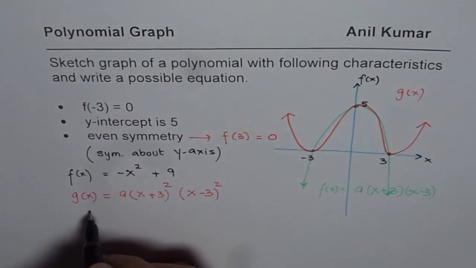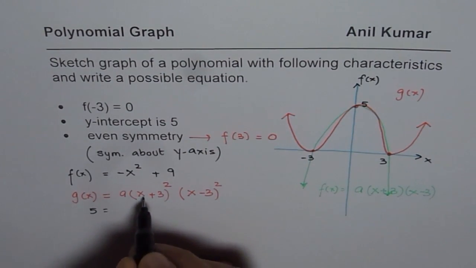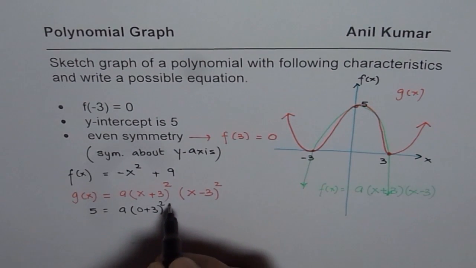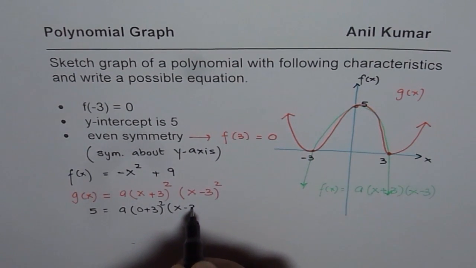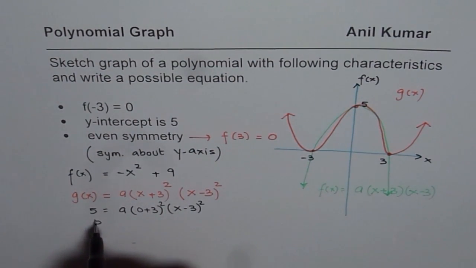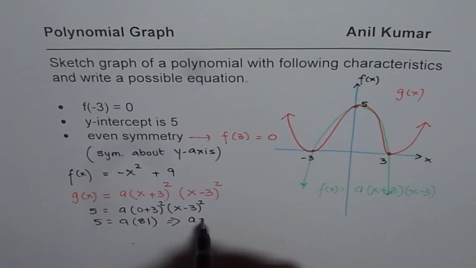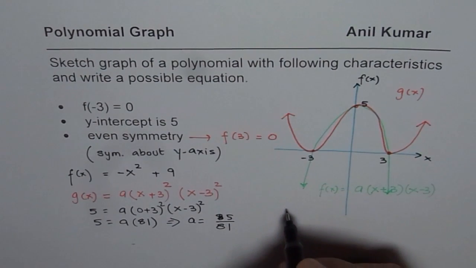So if I write x as 0, we have a times 0 plus 3 whole square, times x minus 3 whole square. So 5 equals a times 9 times 9, which is 81, right? So a times 81, or from here we know a is equal to 5 divided by 81.